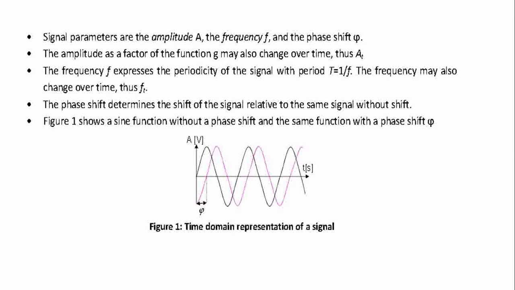in such a way that it can be understood according to the intended purpose. To begin with, a signal has parameters that we modulate as we send the message from one PC to another. These are amplitude, which is A, the frequency, which is F, and also the phase, which is lambda.